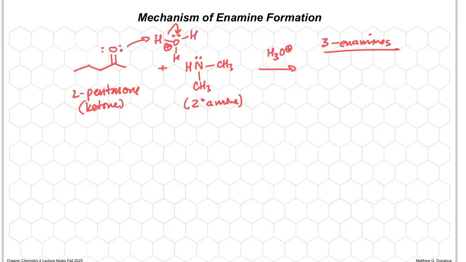So we'll protonate with hydronium. And now we have this activated carbonyl in which we can show a resonance form where that carbon is positive. And that's going to allow us to have the secondary amine attack that.